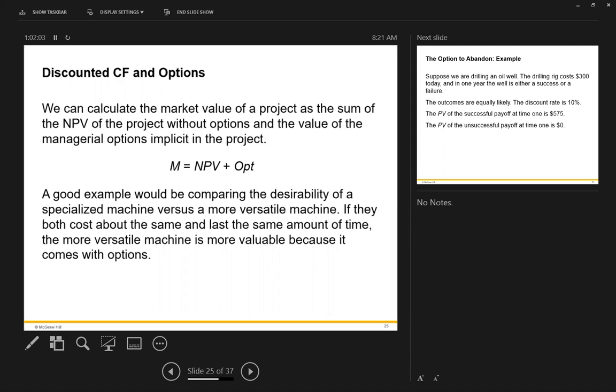If they both cost about the same and last about the same amount of time, the more versatile machine is more valuable because it comes with options. So what we're saying here is that this option has to have a value put on it because it's within a project or an item, like for instance, the versatile machine. It'll change with different scenarios.